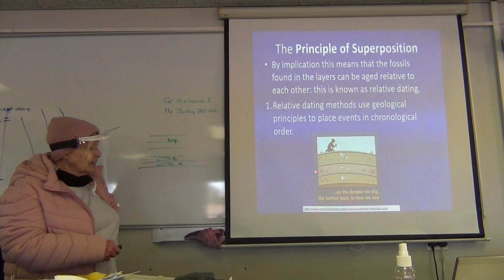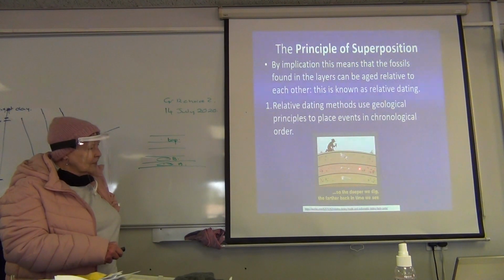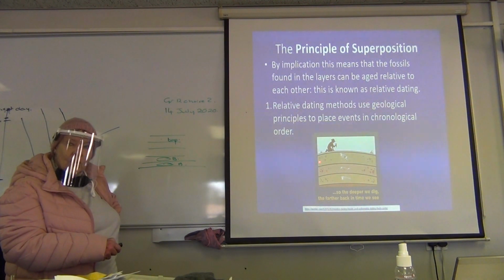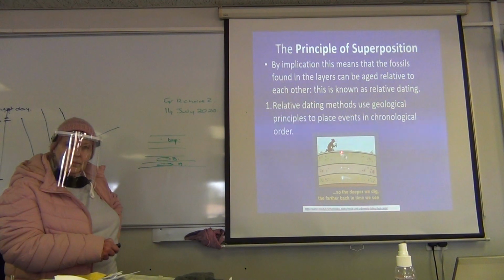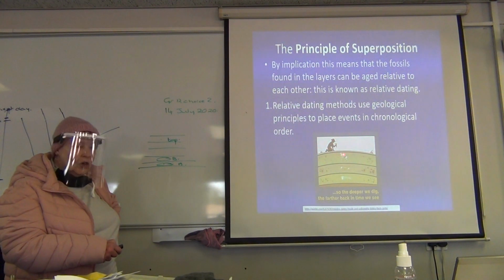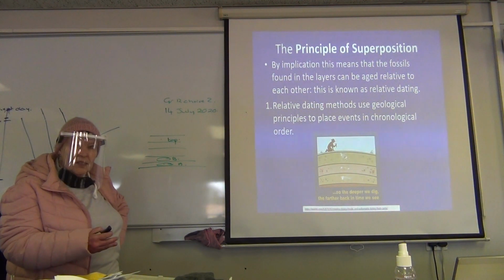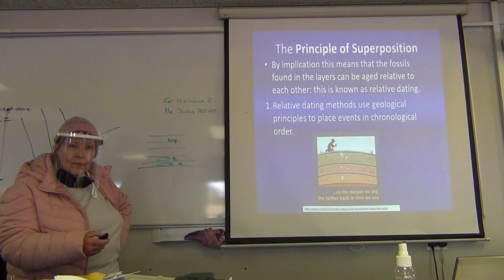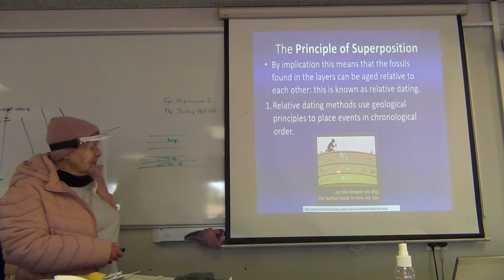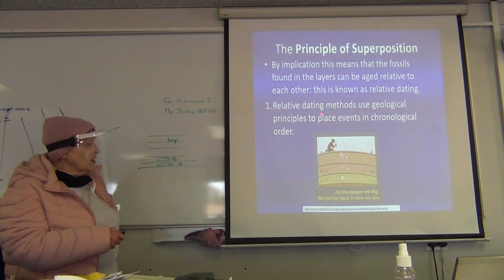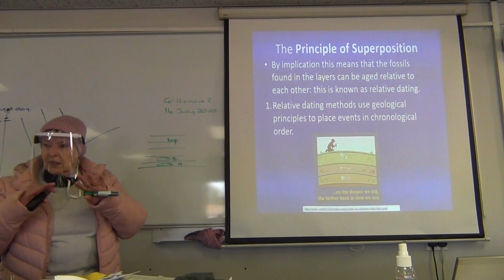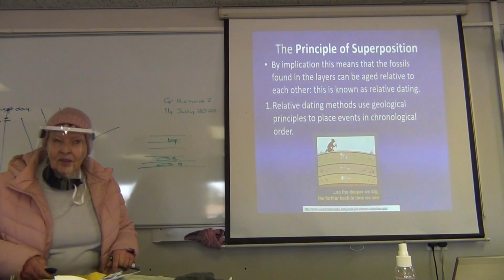And if you find organisms in this particular stratum of rock that are fossils, then you know they existed at the same time. Does that make sense? Because they're all in the same stratum. So if they died at the same time, they must have existed at the same time. Okay. And if you find something in this layer and you don't find it in that layer, then you know they became extinct at that time. So that's relative dating. You saying how old things are relative to other things.